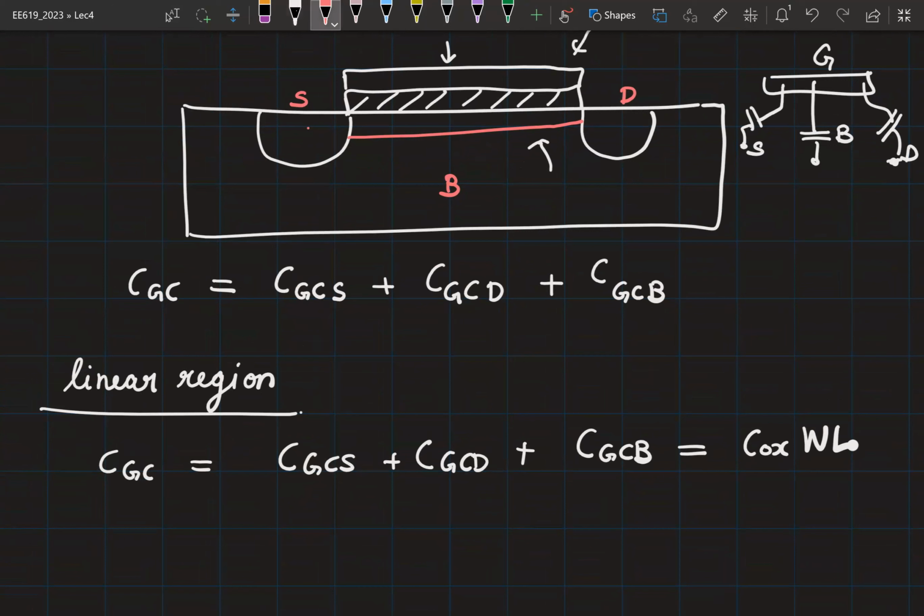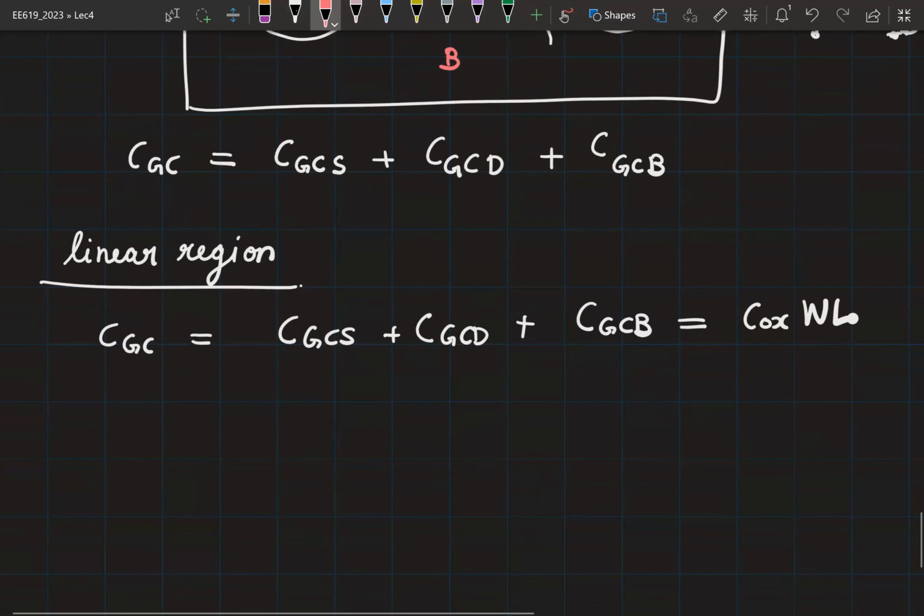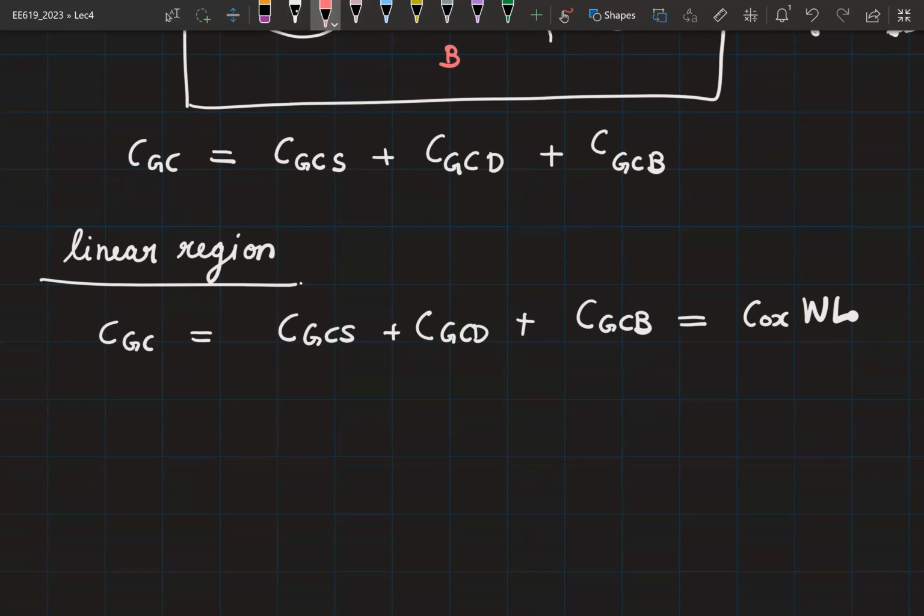It's coming from the source and the drain regions, right? Therefore, we say that this capacitance is equally divided between CGCS and CGCD. So you have the expression COXWL by 2. This is also COXWL by 2. And this value is 0.